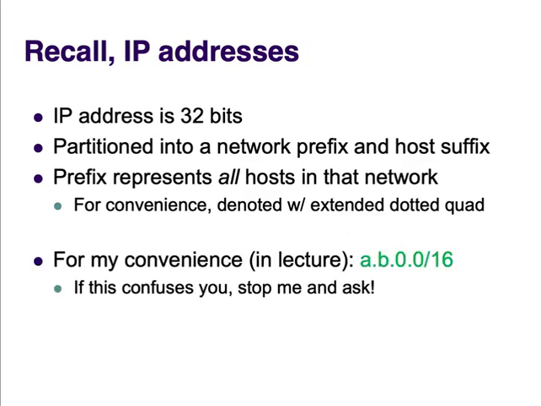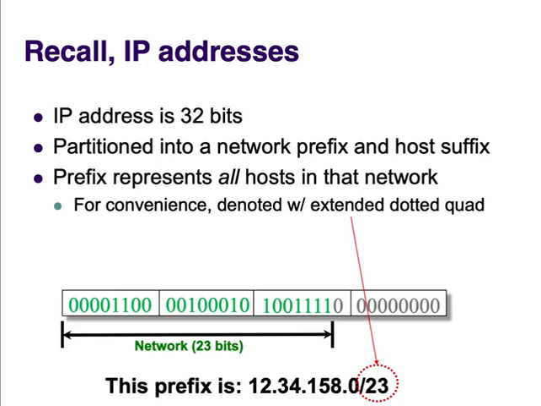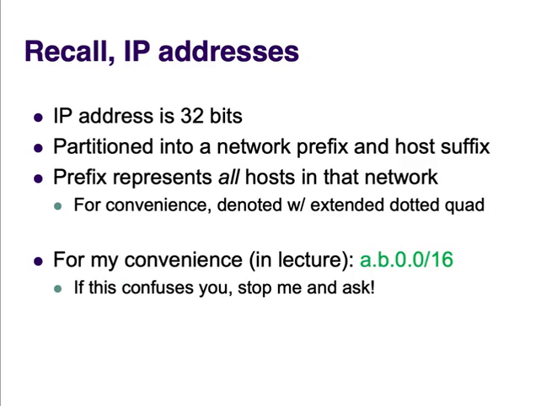He also talked about the dotted quad notation, where I'm going to have something like a /23 to tell you what the prefix in this address is. For my convenience, in this lecture, I'm going to use a.b/16 rather than trying to read out numbers. Otherwise, I always read them out wrong. But this is, again, the hierarchical structure of an IP address. Any questions on this? Okay, great.